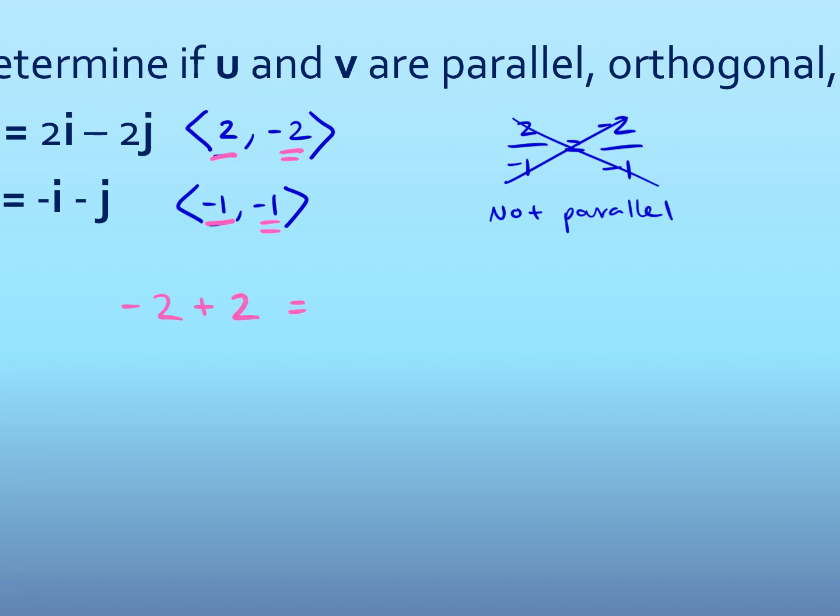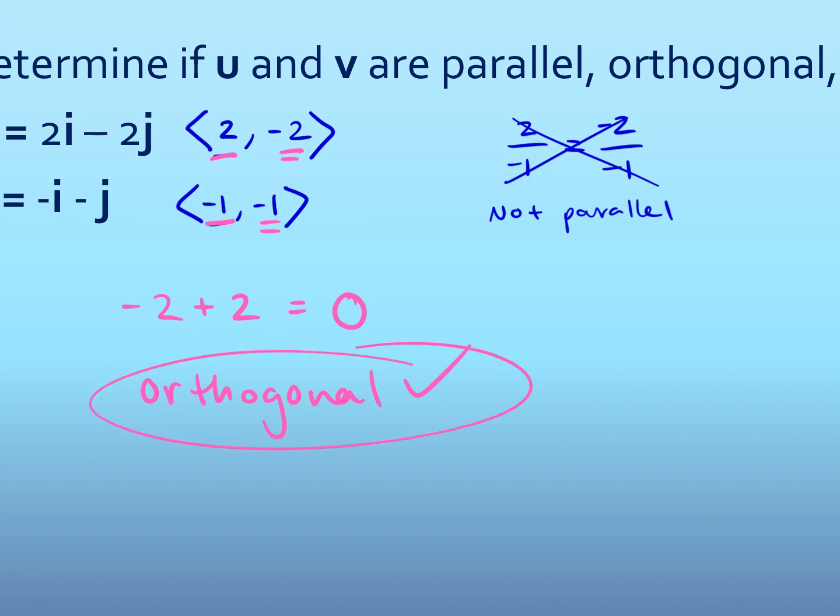What's negative 2 plus positive 2? 0. So if it equals 0, what does that mean? They are orthogonal. So because the dot product equals 0, then they are orthogonal. If they're not parallel and not orthogonal, then it would just be neither. So if they're not proportional and the dot product doesn't equal 0, yeah.